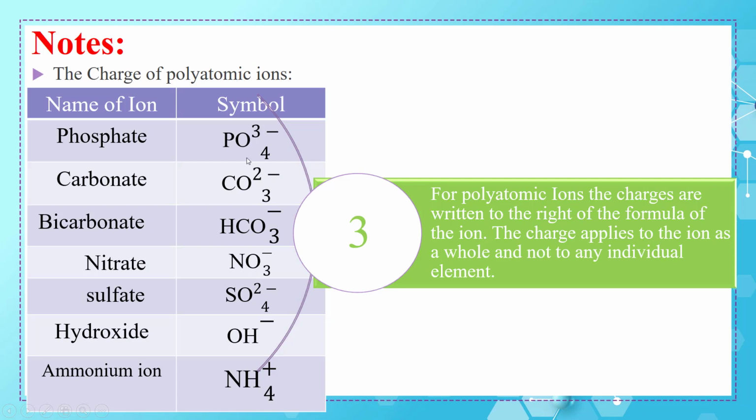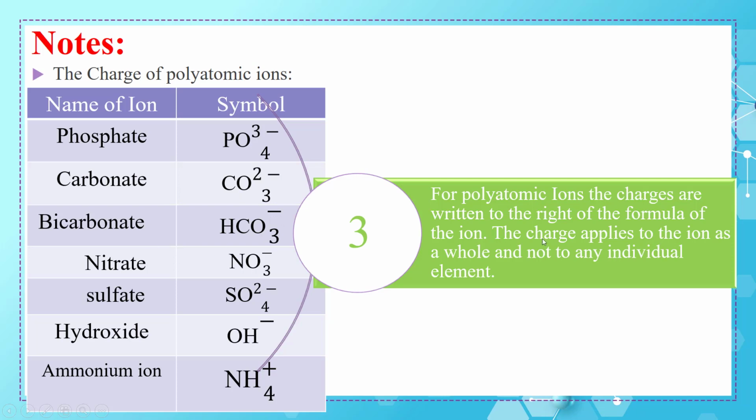So in any polyatomic ion, the charge is always at the upper right side of the ion. As you see here, 3- is the charge of all this ion, 2- is the charge of the carbonate. Here 1- is the charge of bicarbonate.